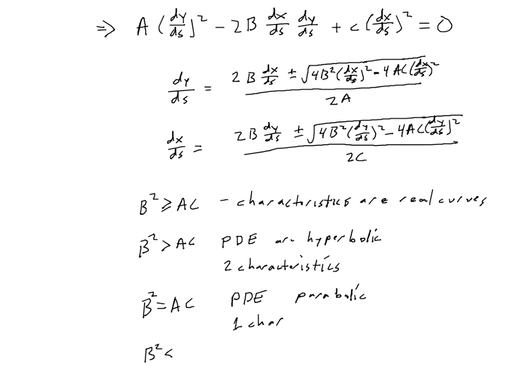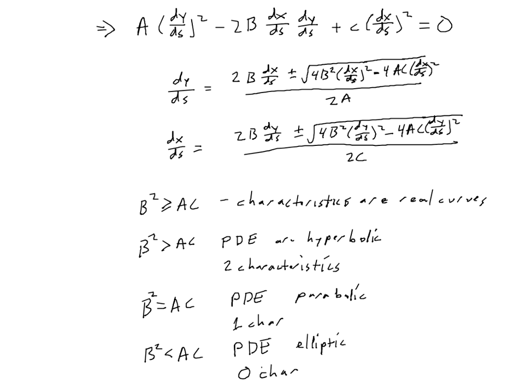And if B squared is less than AC, then we call this elliptic, because now you've got the square root of a negative number, so this is complex. And so it's not real, so therefore no characteristics, no real values you can lie on.